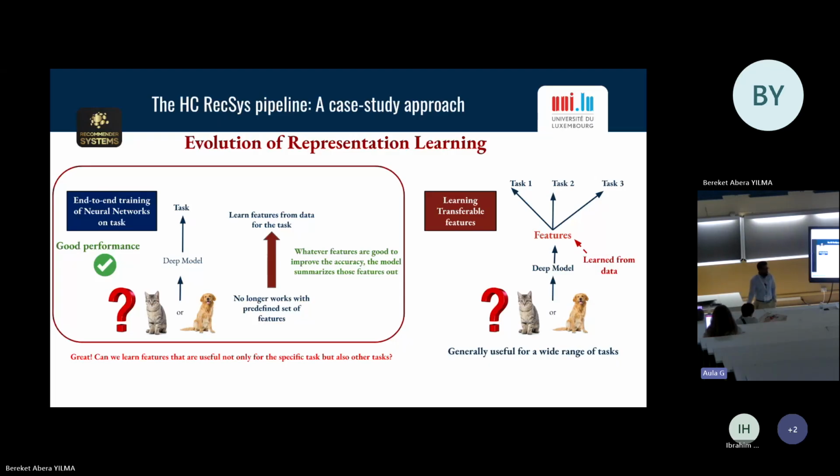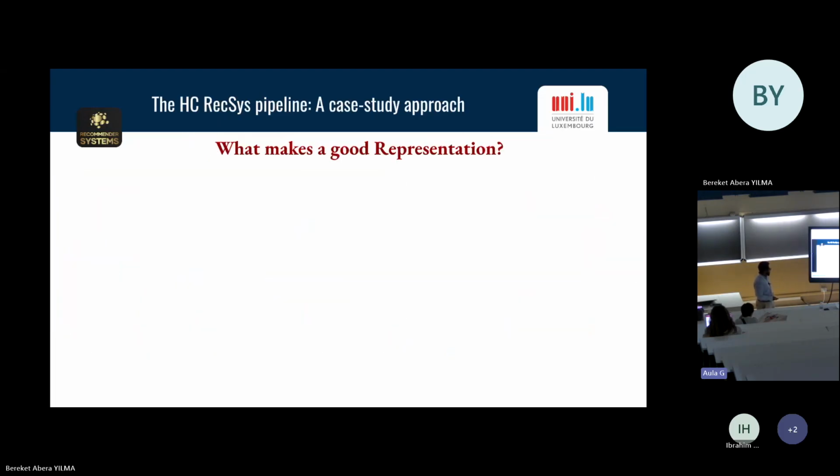There is a whole research domain. If you know, ICLR is all about representation learning, and researchers try to come up with different kinds of objective functions which encourage these properties to emerge when you design your model to extract features. So now, what a good representation entails is, first, we want it to be low dimensional.